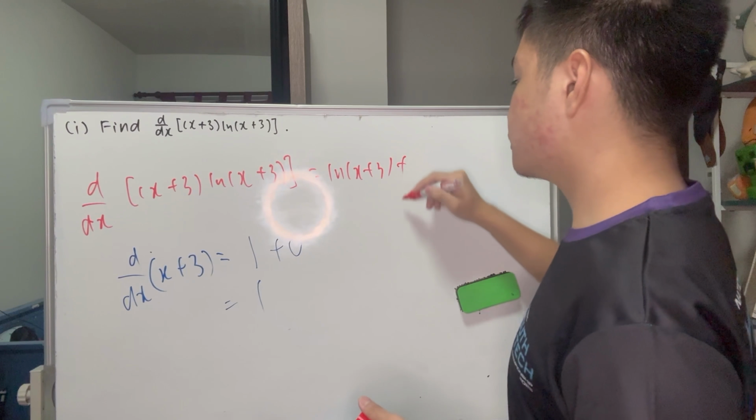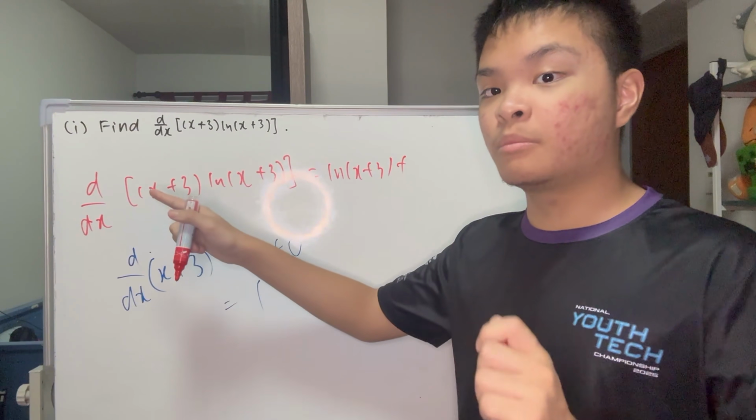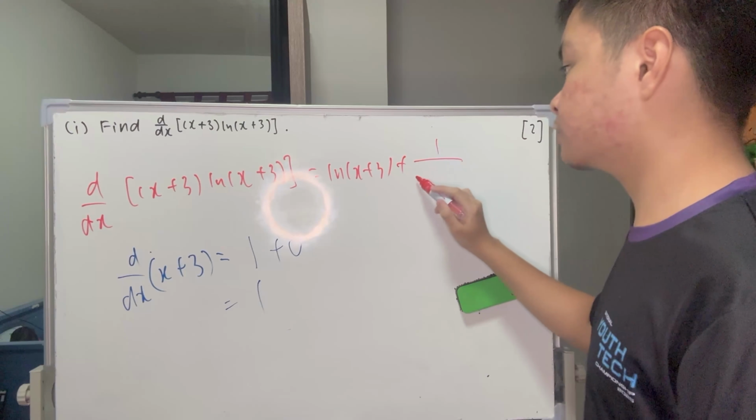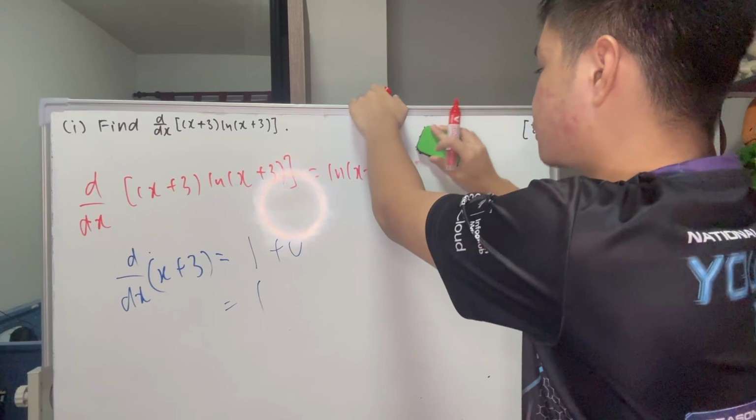Then next, we need to have x plus 3 multiplied by the derivative of ln of x plus 3. So this is 1 over, let's not go there yet.